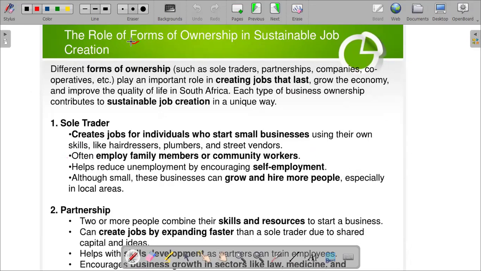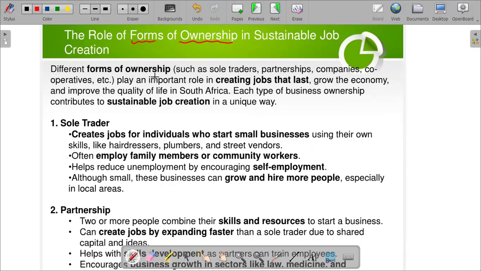So what are the roles of the forms of ownership? Remember, we talked about all those forms of ownership: your sole trader, your partnership, your closed corporation, private company, and your public company. So what are their roles in creating sustainable jobs?